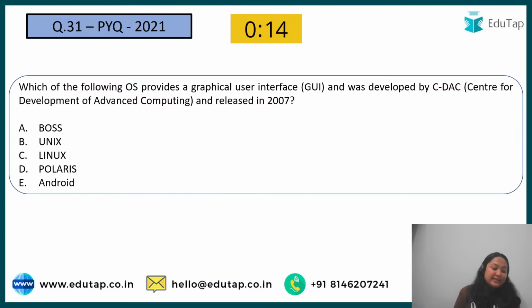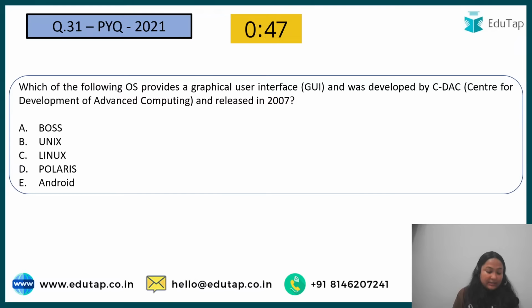Look, Unix and Linux cannot be the answer because these are very old operating systems. We are talking about 2007. So the options are BOSS, Solaris, and Android. Akash is saying option C. C cannot be the answer. So what can be the correct answer?